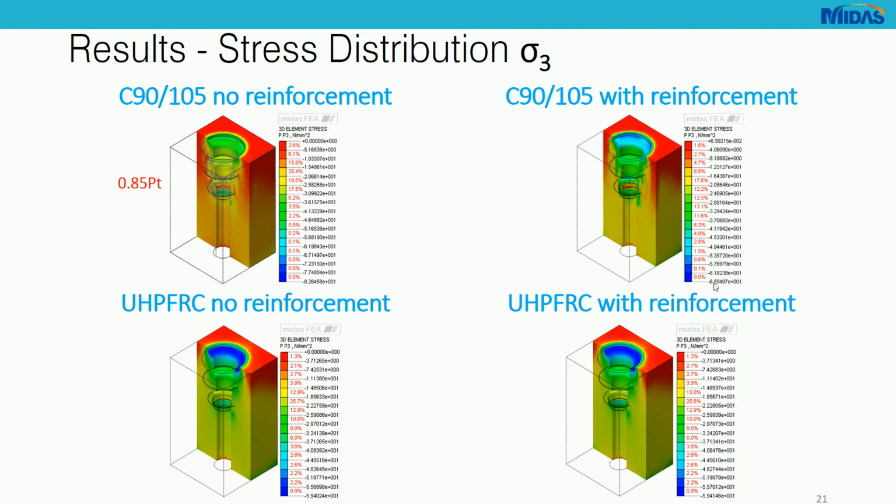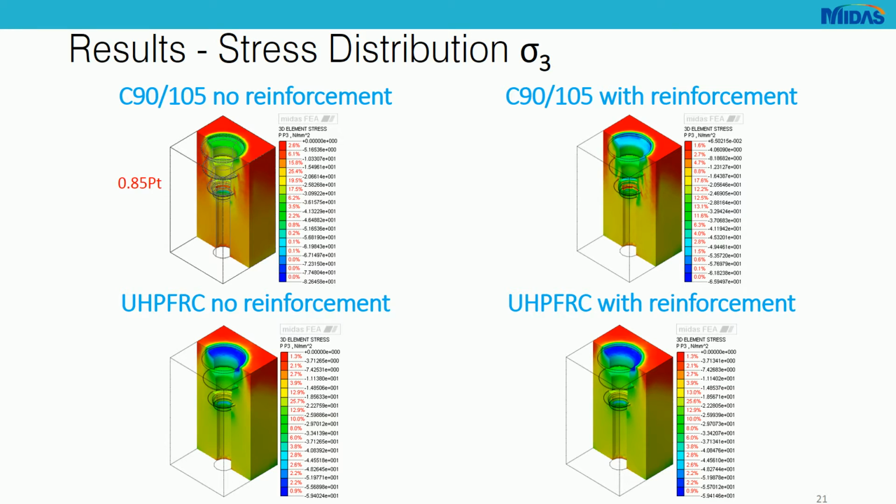We can see that we reach a maximum compressive stress of about 66 megapascals in the model with the reinforcement, whereas in the model without the reinforcement, even at 85% of the load, we already have 82 megapascals. So as we increase it, we fail the model.